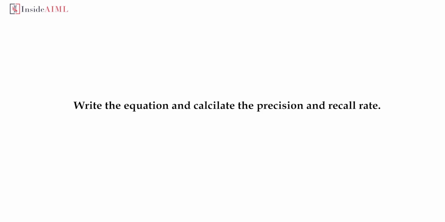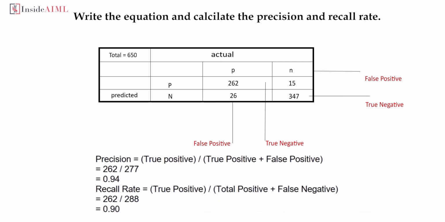Write the equation and calculate the precision and recall rate. Now, precision and recall rate are some of the formulas that you can derive from the confusion matrix. The formula for precision is true positive divided by true positive plus false positive. It tells what is the ratio of all the true positive divided by all the actual true answers.